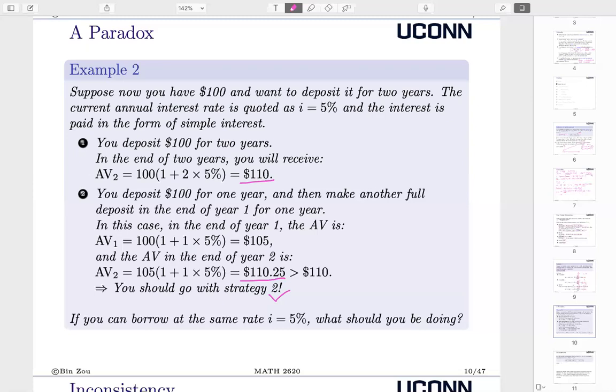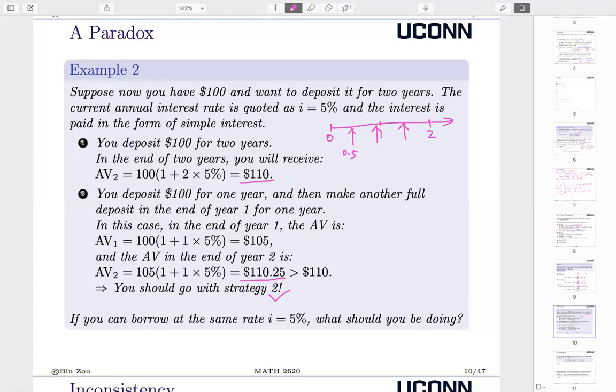So we can take this example even further. So assume that you can deposit for half a year, okay? Because in total, we are talking about 2 years. So here is 0, here's 1, here's 2. So suppose that you deposit for half a year, withdraw, deposit again for another half a year.